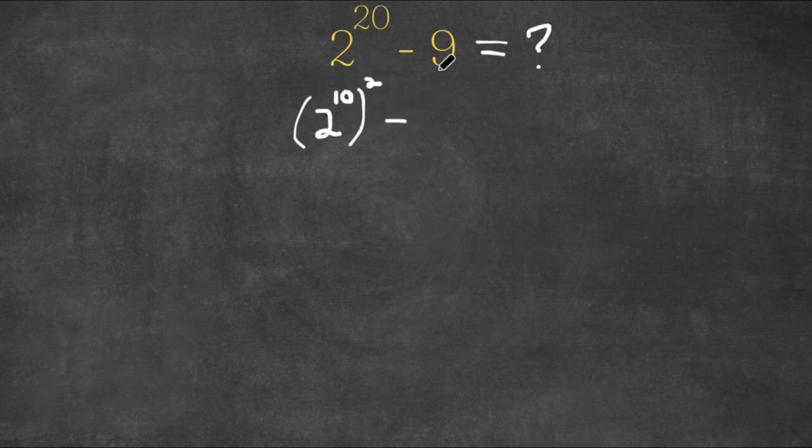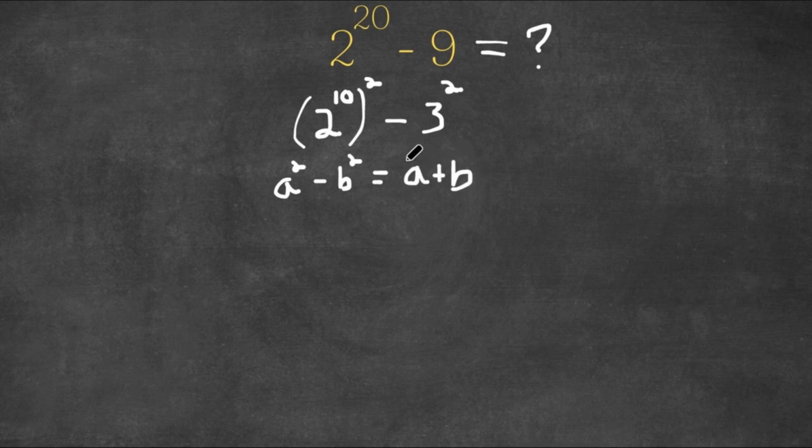And we're going to subtract this with, we're going to change 9 to 3 squared. And remember, if we have a squared minus b squared, right? If we have this, this is actually equal to a plus b in parentheses times a minus b.